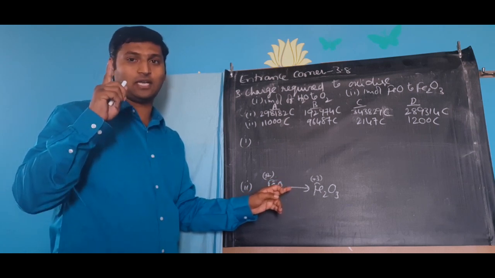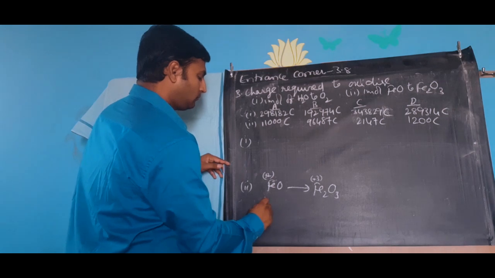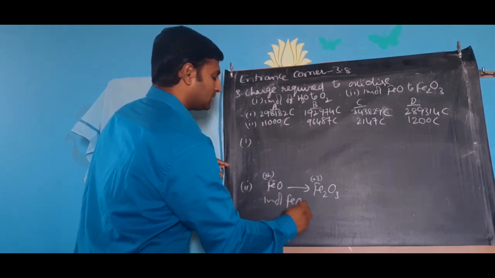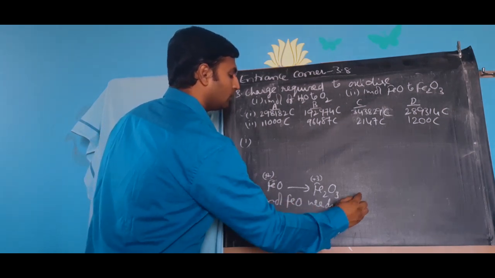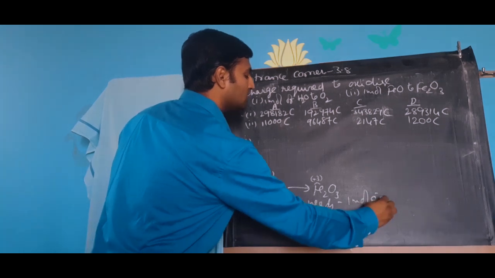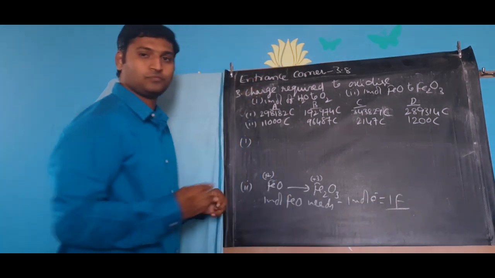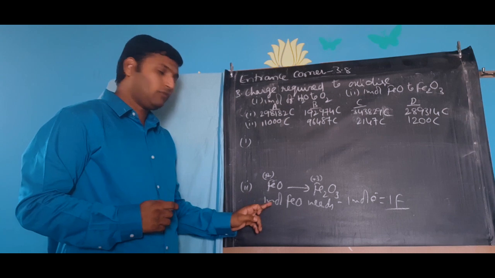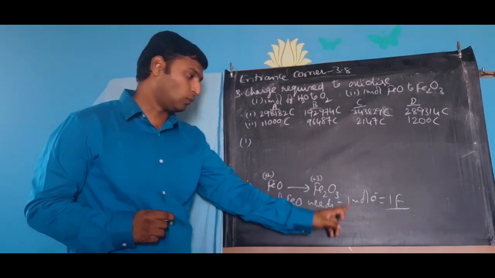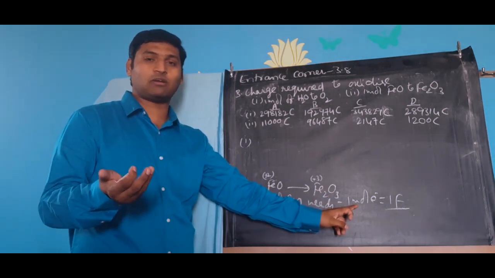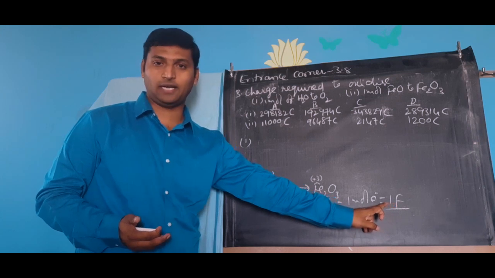So 1 mole ferrous oxide needs 1 mole electrons, which is 1 Faraday. Simple. 1 mole ferrous oxide to oxidize needs 1 mole of electrons, and you know the charge on 1 mole of electrons is nothing but 1 Faraday.